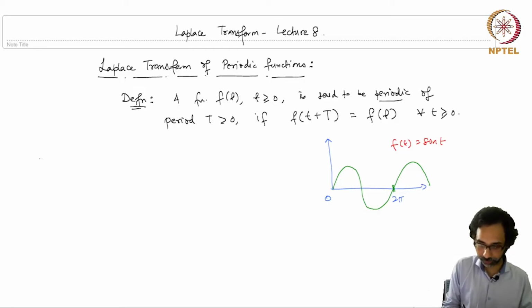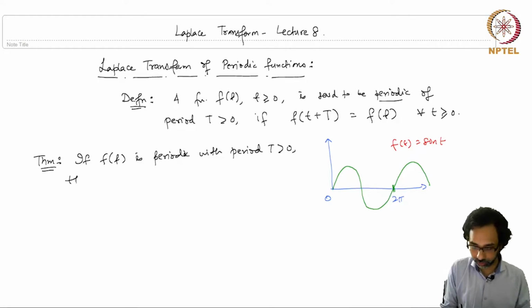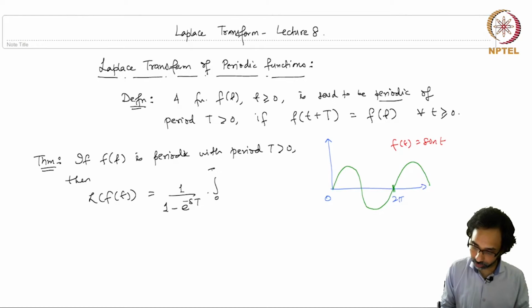So the theorem is that if f(t) is periodic with period T for some T greater than 0, then the Laplace transform of f(t) is equal to 1 over 1 minus e to the minus sT multiplied by the integral, so this is in the numerator, integral from 0 to T of f(t) e to the minus st dt.